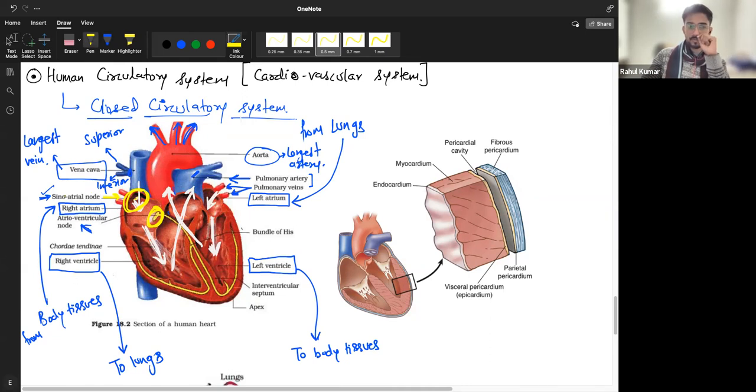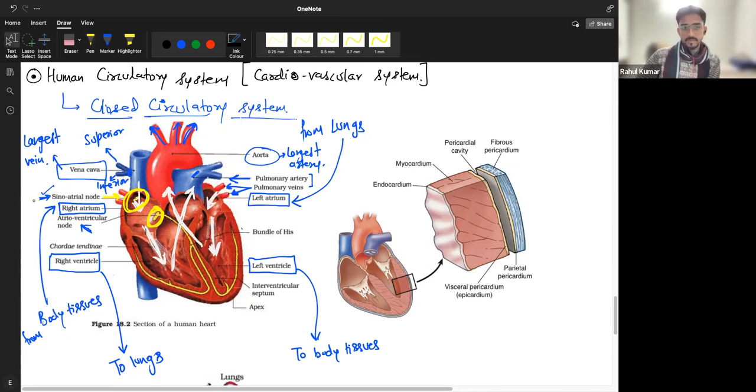So SA node is called the pacemaker of the heart. These tissues of SA node produce a slight current, by current I mean a real electric current. There are 2 kinds of tissues in our body that work through electric potential generation. One is neuron and the other is the heart.